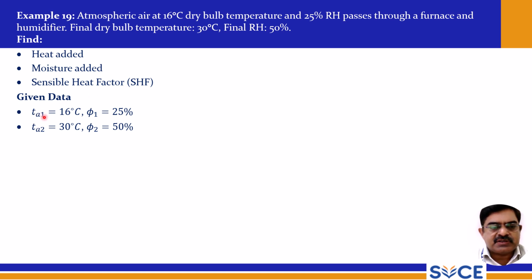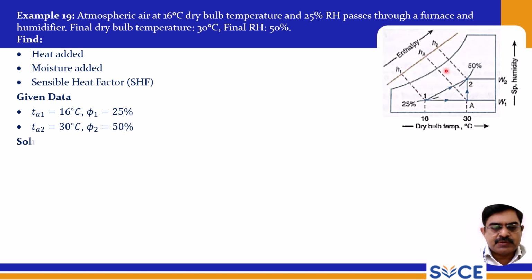The given data is Ta1 equal to 16 degrees Celsius and Ta2 is 30 degrees Celsius, and relative humidity at point 1 is 25% and at point 2 is 50%. So here this is point 1 at 25% and this at 50%. So we know Ta1 is 16 and Ta2 is 30 degrees Celsius.